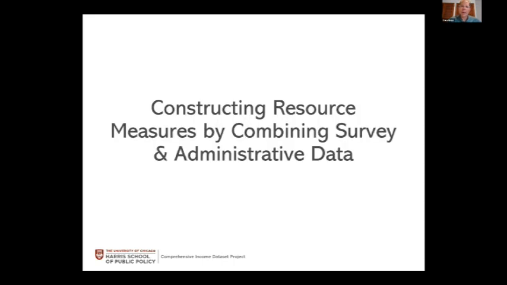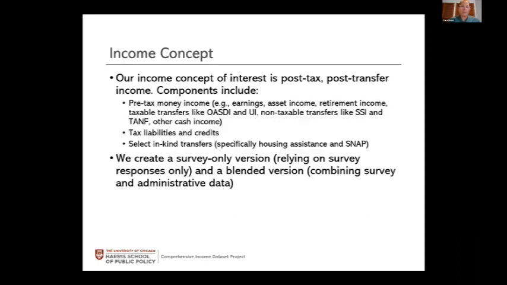Let me tell you how we construct our combined survey and administrative measures of resources. First, our income concept is post-tax, post-transfer income, the components of which include pre-tax money income, which includes taxable income components and non-taxable components like SSI and TANF.